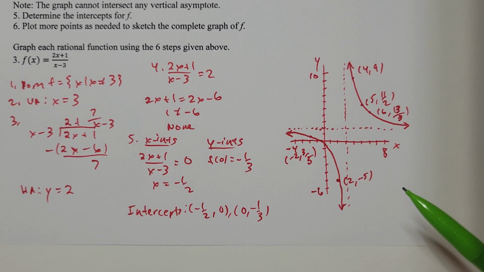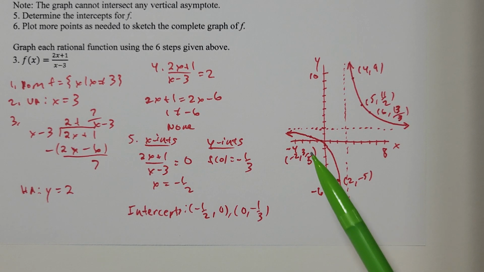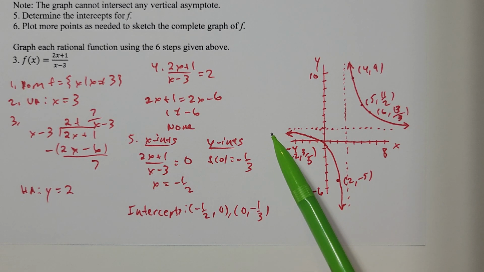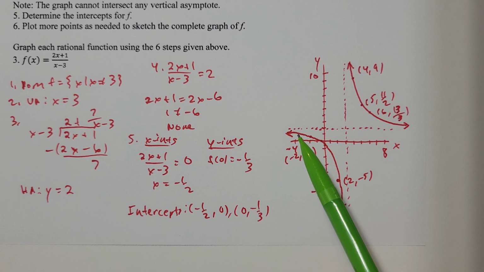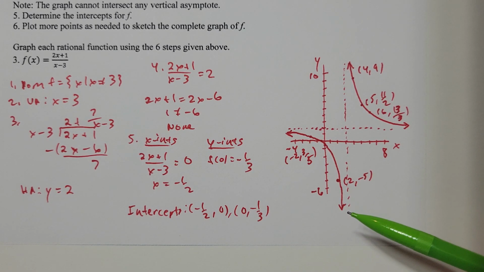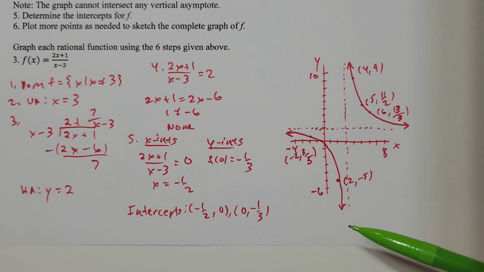I'm going to start off in quadrant 2, below the horizontal asymptote and pulling away from it slightly. I'll come down, pass through these points, the x and y axes also, and continue to head downward. I'll pass through the point 2, negative 5, and continue downward, getting closer and closer to this vertical asymptote, but with the understanding that I'll never get there.